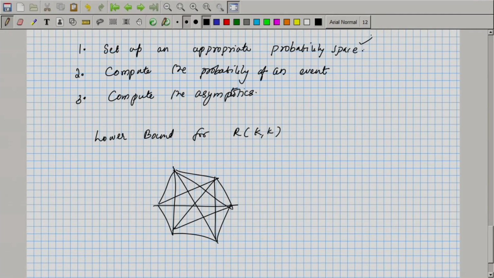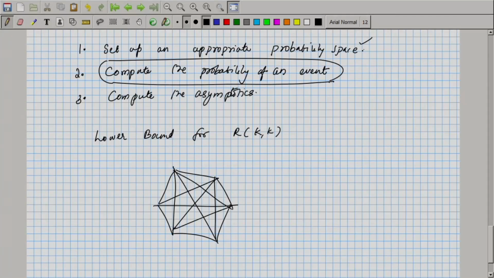If it results in a tail, that edge is colored blue. Now, we can compute the probability of an appropriate event. We have colored this Kn randomly, and now we look at the following event.